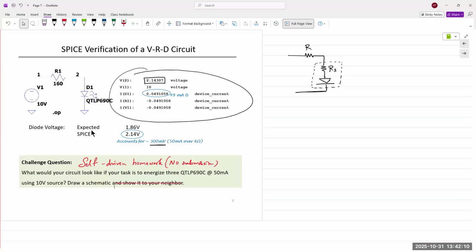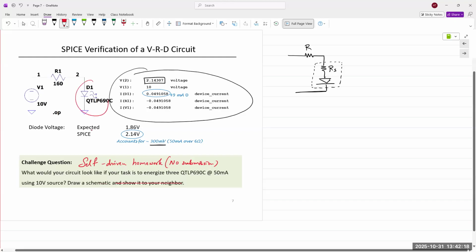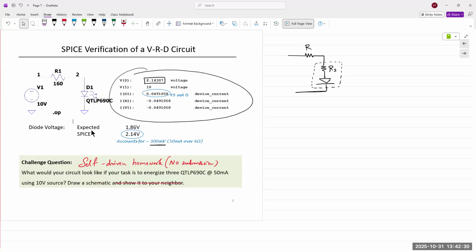So if you wanted to use any kind of random diode with no RS, then we'd have to type everything up. We can't use a diode model like this because it wouldn't allow us to modify any of its parameters. So the answer to your question is that SPICE does not exclude those quantities. It always includes them.